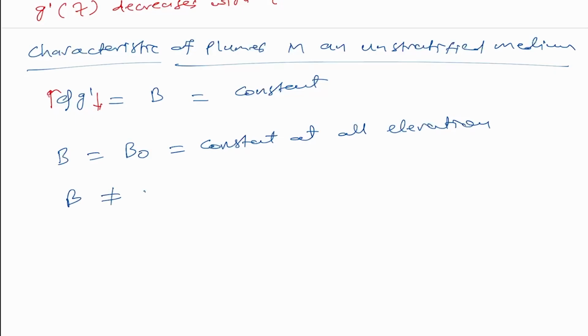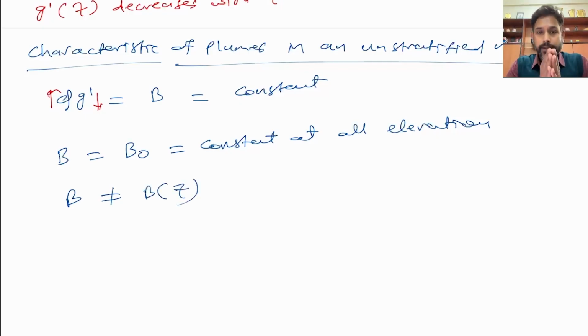B is not a function of z. Volume flux is increasing because of entrainment, density difference is decreasing because of dilution, but both things happen together, so the total effect on buoyancy flux remains unchanged. Buoyancy flux remains constant at different elevations. It doesn't change with height.